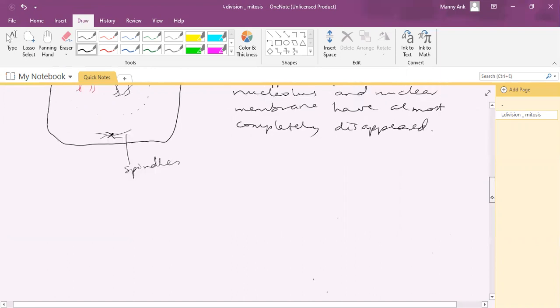Then we enter the phase called metaphase, the second phase of mitosis. So metaphase, let's look at what happens.